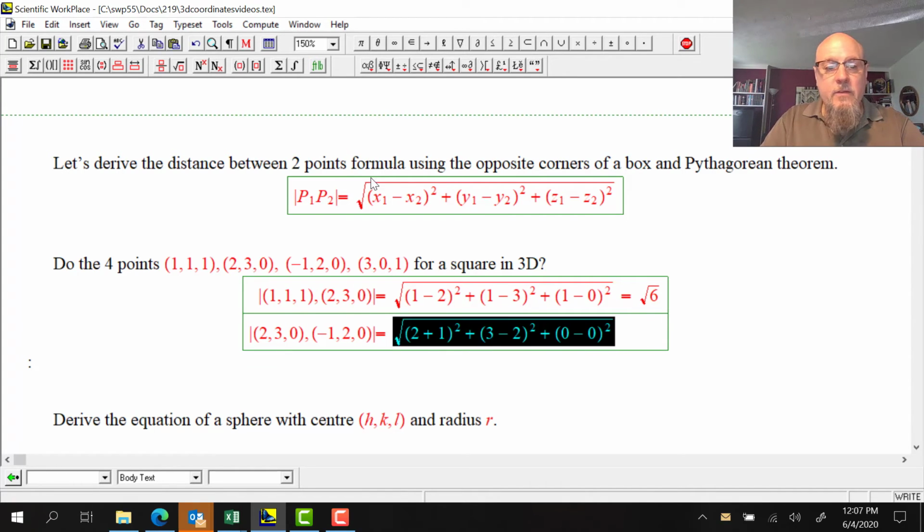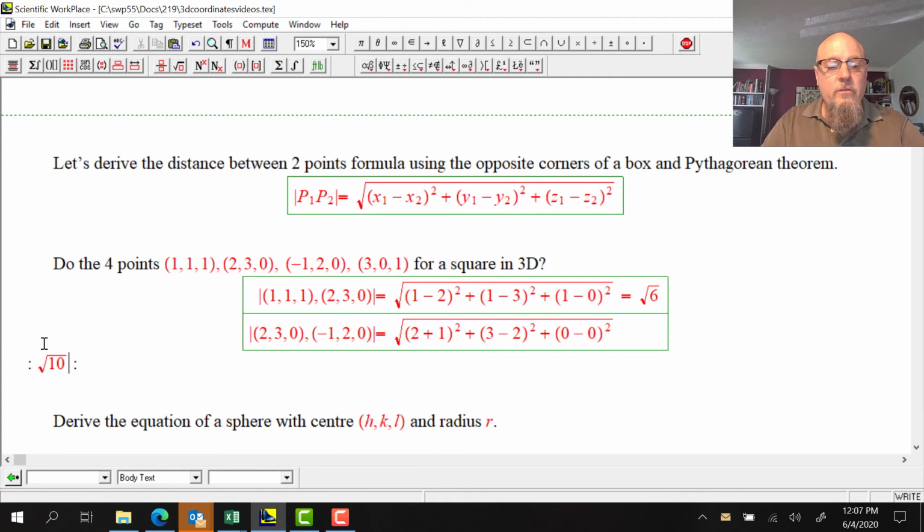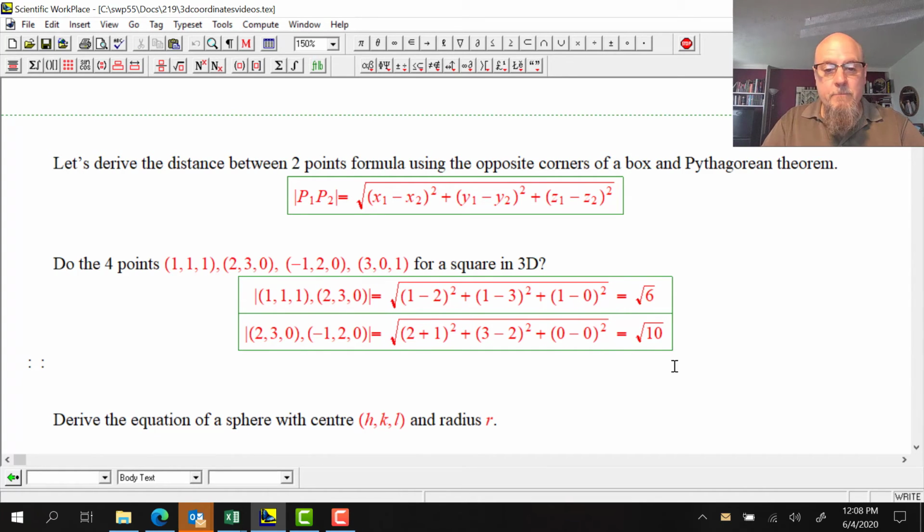When we evaluate this, root 10. All right, I think our question's answered, because they're not the same. Root 6 might be the side and root 10 might be the diagonal, but root 6 times root 2 isn't root 10, so it's not a square. The answer is no.